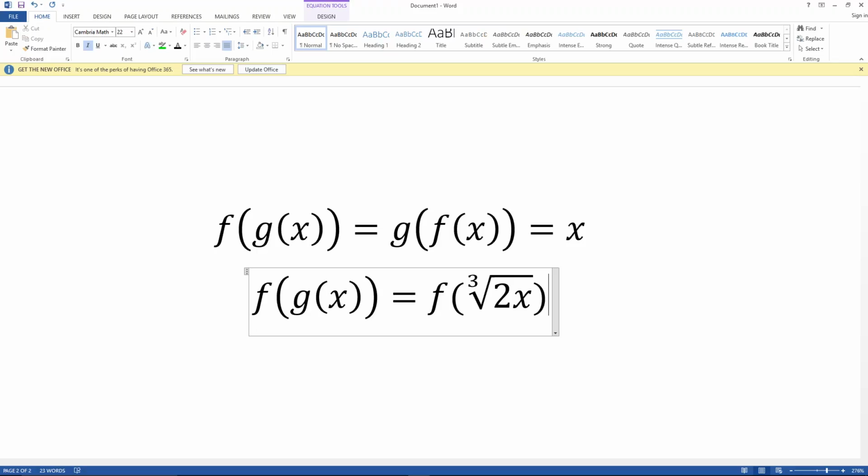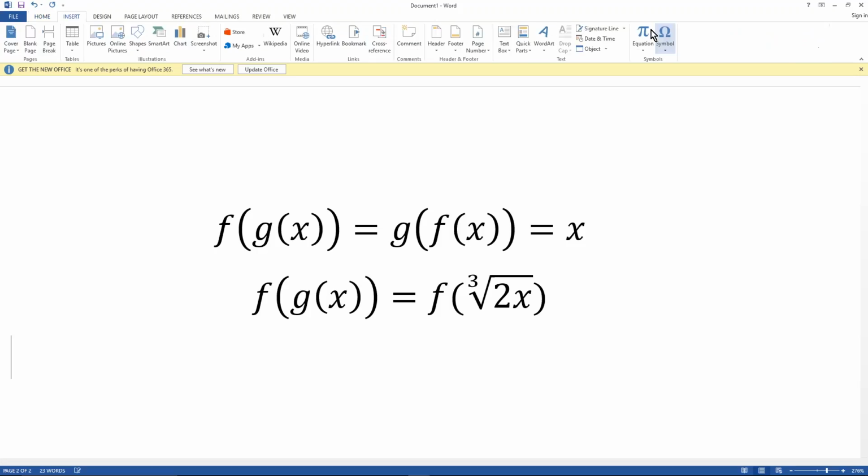All I do is just replace the inside. Now this means that you're going to go to your f function, and wherever you see an x, you're going to type the cube root of 2x. So let's type the f function.